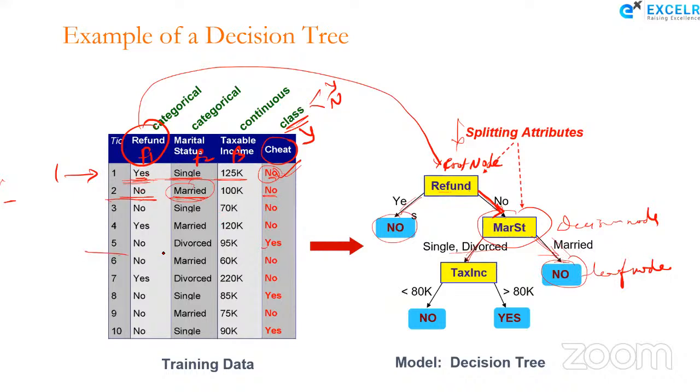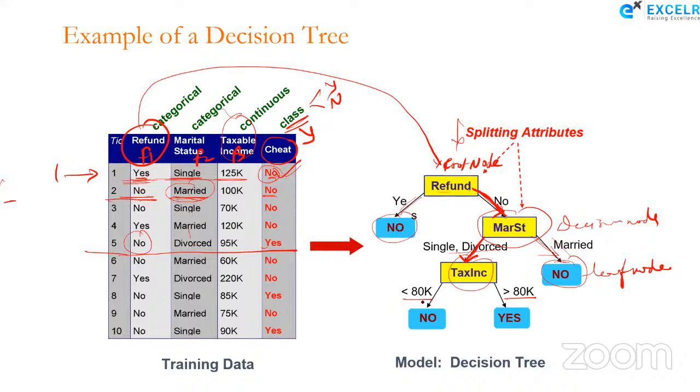Let us take this example of yes. The refund is no, so this falls through over here. Marital status is divorced, so we go over here. What is the last feature we have? Taxable income. Whether the taxable income is less than 80K or greater than 80K determines whether the person will cheat the income tax department.